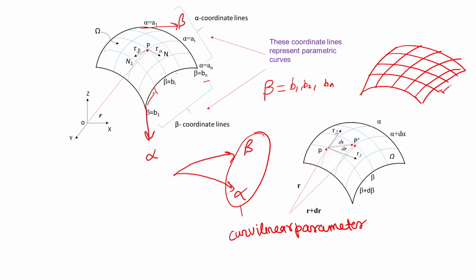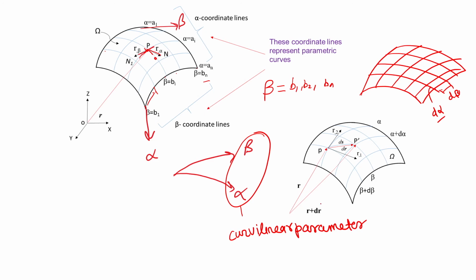So, this will be d beta and this will be d alpha, a small change in alpha and a small change in beta. So, at a point P there will be two meeting curves. Corresponding to this curve there will be one tangent and corresponding to this there will be one tangent.